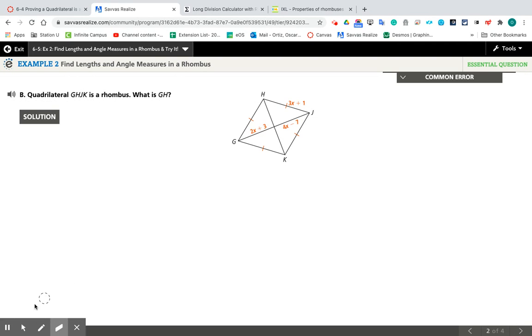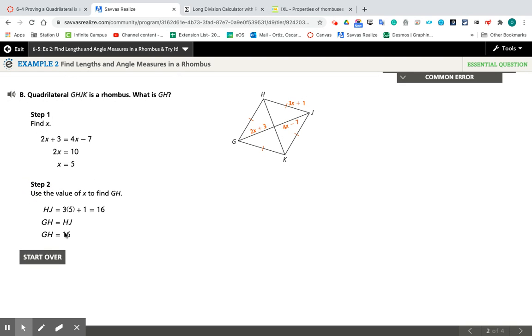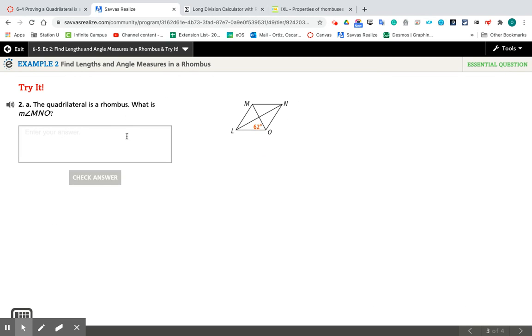And you can think of a right triangle, knowing that 2x plus 3 equals 4x minus 7, because remember those two segments are congruent. So we can find out that x equals 5, and if we replace that x right here, then we're going to find out GH equals 16. So we are using those properties to actually answer questions.